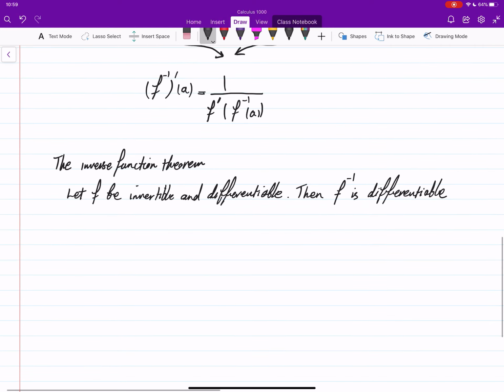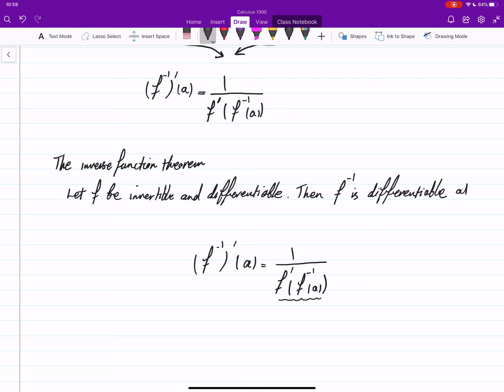Well, the derivative of f inverse at a, as we computed, is 1 over the derivative of f at f inverse of a. We have to be a little bit careful: this number should not be 0. So f inverse is differentiable at x equal to a where f prime at f inverse of a is non-zero.